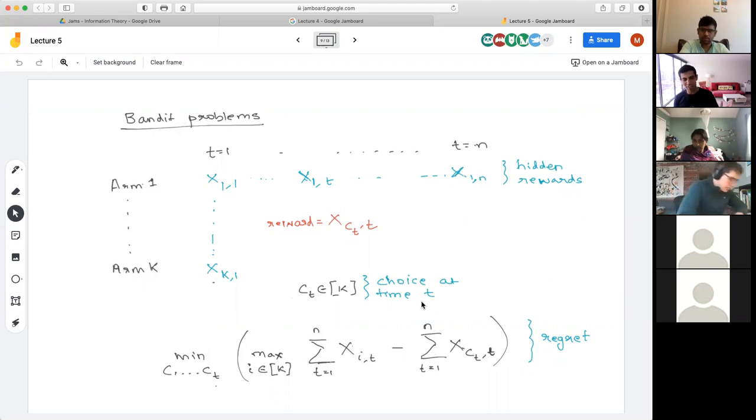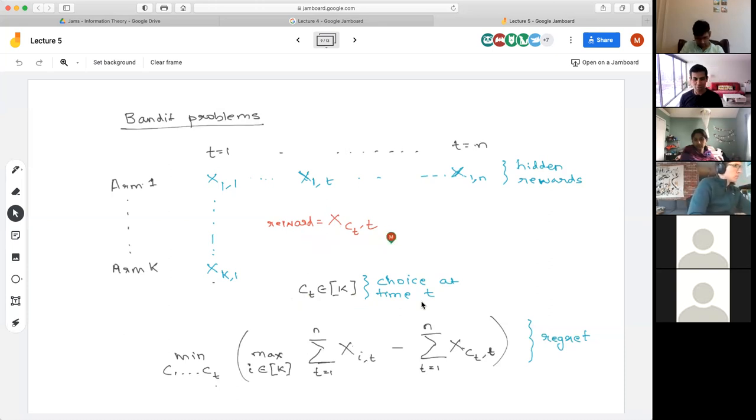These are the rewards at time 1. Then x12 to xk2. These are the rewards at time 2, and so on. And at time t, you make a choice. You pull the arm c sub t, which denotes your choice at time t, and you get to see the reward of that machine at time t.